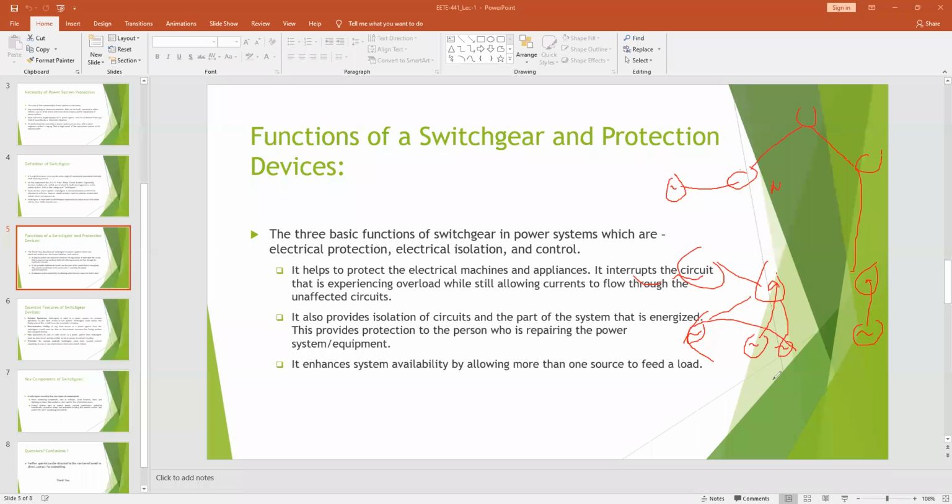These 3 are connected in proper synchronization, but somehow this 4th generator is out of synchronization or out of parallel operation. So what will happen? If you allow this generator to be connected to the portion where the other 3 synchronized generators are connected, it may cause serious trouble on the distribution network, and that will result in a blackout of this particular distribution network.